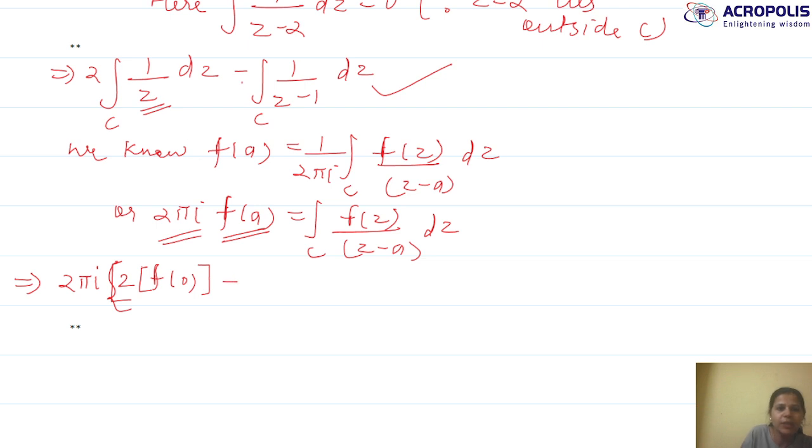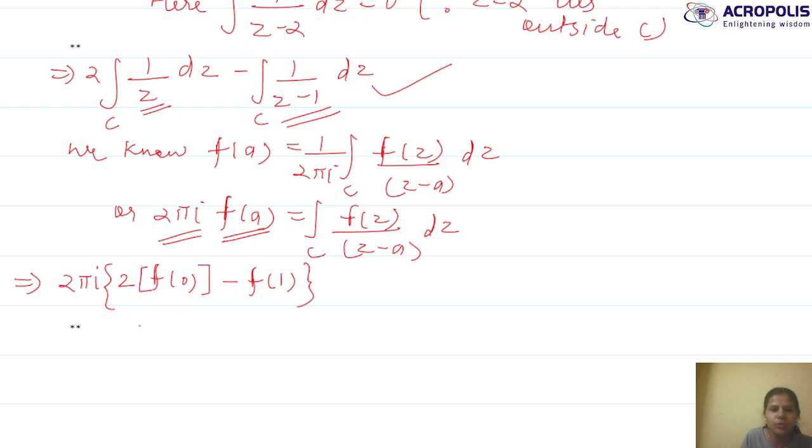Minus, for the other integral, the point is z minus 1 equals 0, that is z equals 1, that is a equals 1, so here it is f of 1. So we need to find the value of f of z at a equals 0 and a equals 1.